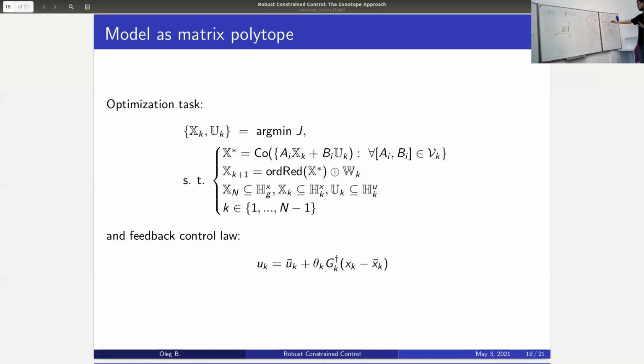Independently of how we make the convex hull, there exist several approaches, and I think it's not important in this lecture. But the number and size of our generators increase very rapidly, and in this approach we obviously need order reduction.